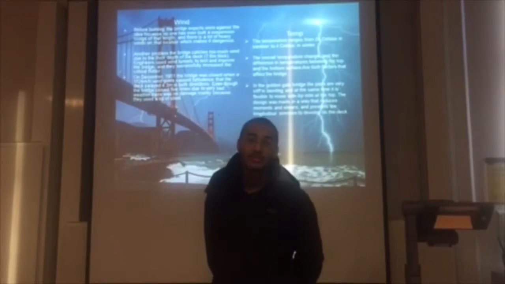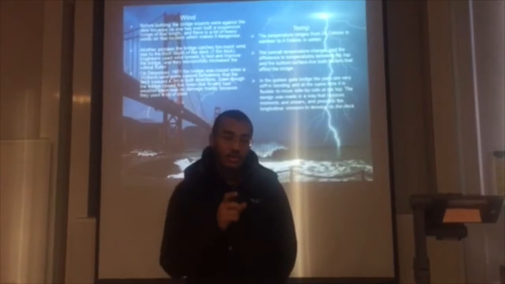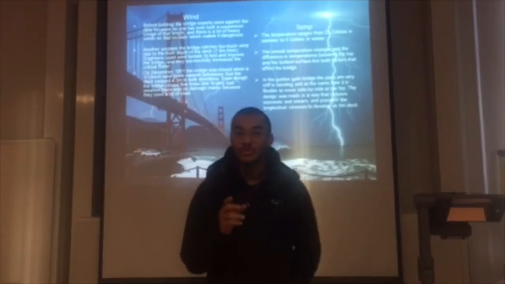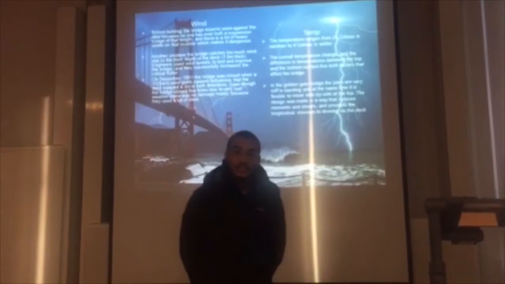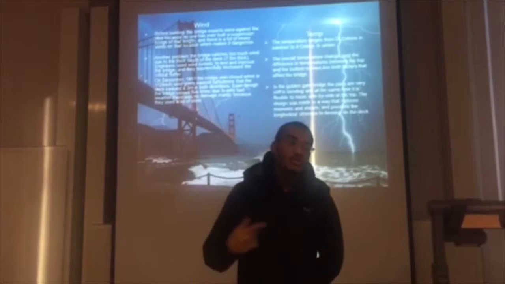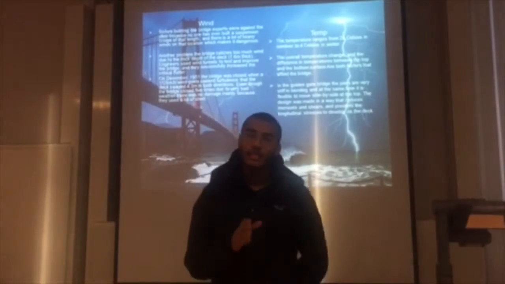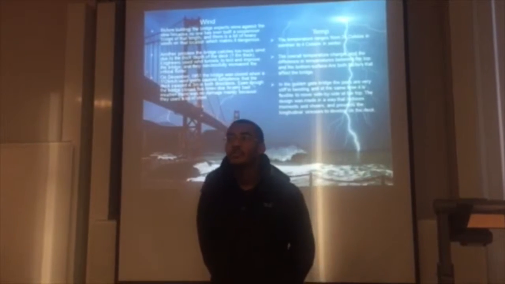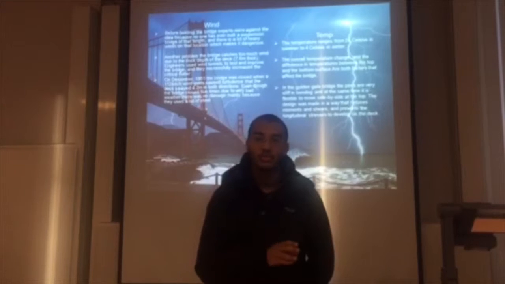Another problem was that the bridge catches too much wind due to the thick depth of the deck, which is 7.6 meters. Engineers actually used wind tunnels to improve the bridge against the winds, and they successfully did it. The bridge was closed about 5 times due to bad weather.